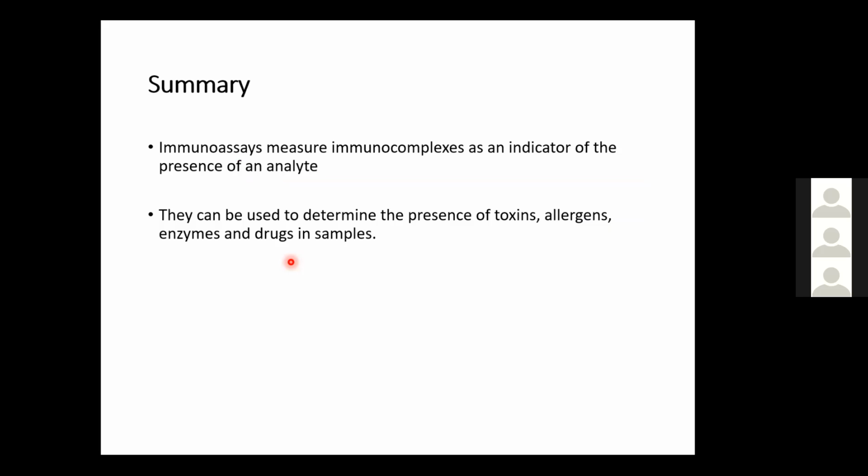These could be used to determine the presence of toxins, allergens, enzymes, and drugs in samples. So these are used in different platforms. They can be used to pick up antigens and antibodies, and also the presence of certain substances or even particular enzymes, right?